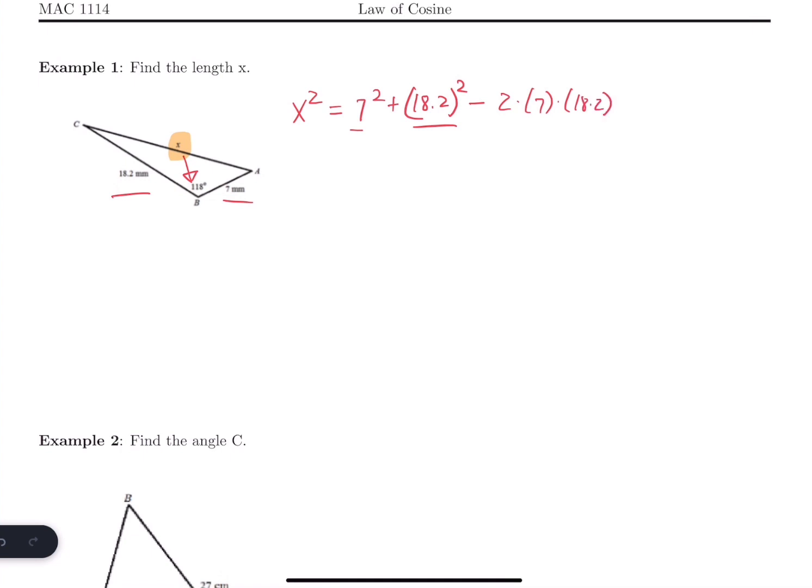Make sure to use these numbers not squared. Multiply by cosine of the facing angle, which is 118 degrees.